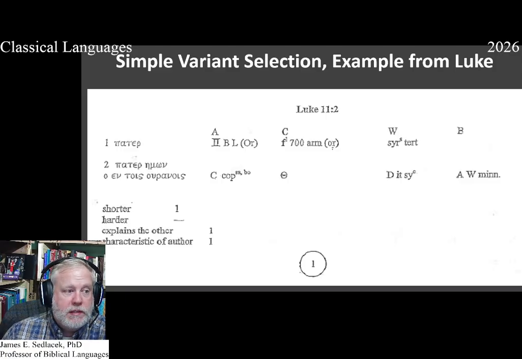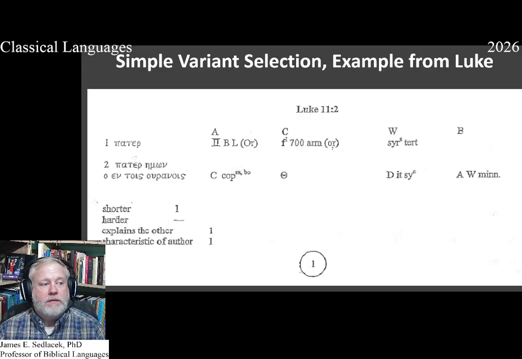So you're trying to identify these things based on known scribal errors and things like that. The characteristic of the author is probably the most difficult one to do. You have to look widely in that book, whether it's Matthew or Luke, in this case Luke, and see what that writer typically does when putting these kind of words together.